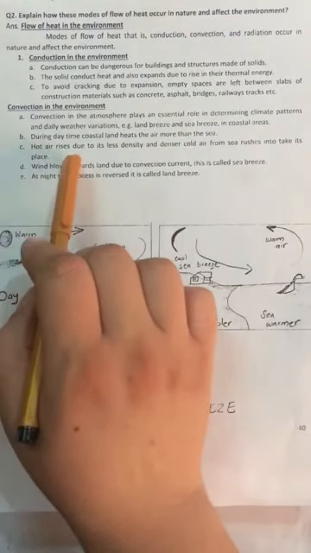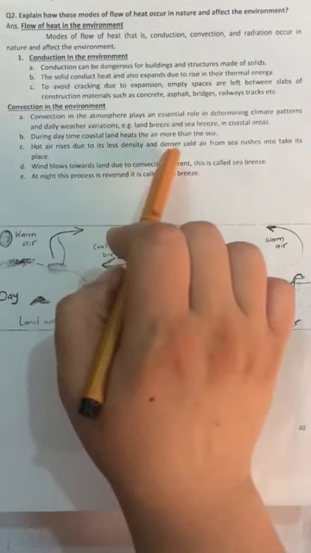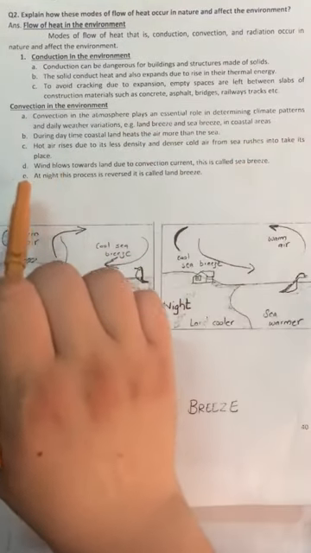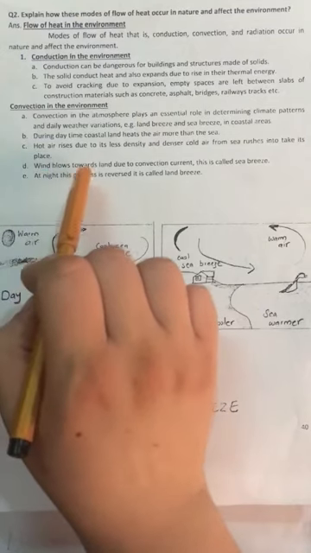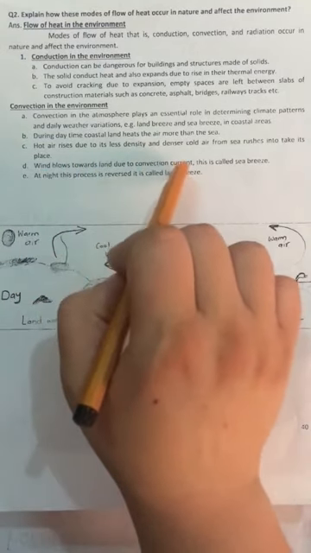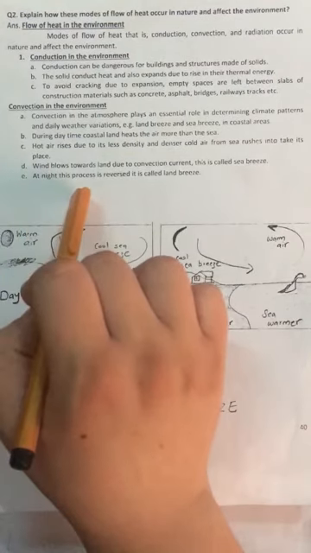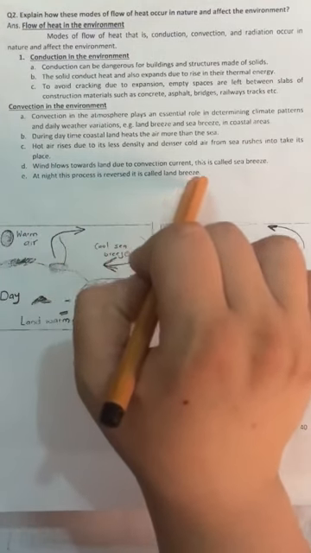Point C, hot air rises due to its less density and denser cold air from sea rushes in to take its place. Point D, wind blows towards land due to convection current. This is called sea breeze. Point E, at night this process is reversed. It is called land breeze.